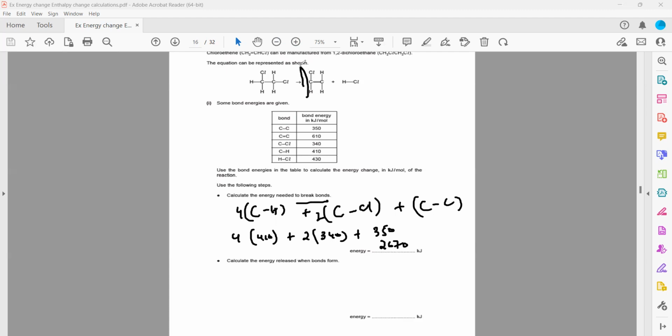Bond forming, the product side, is always bond forming. This is the bond forming side, this one is bond breaking.